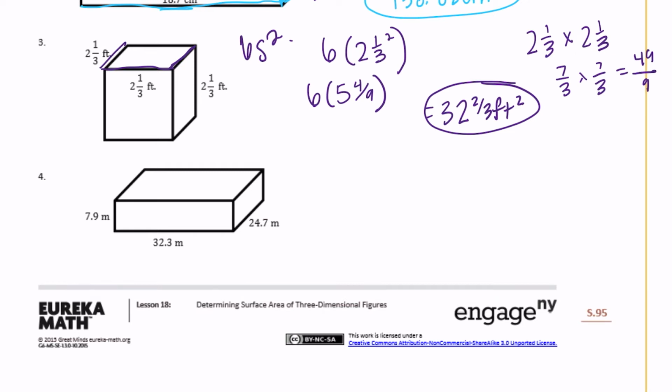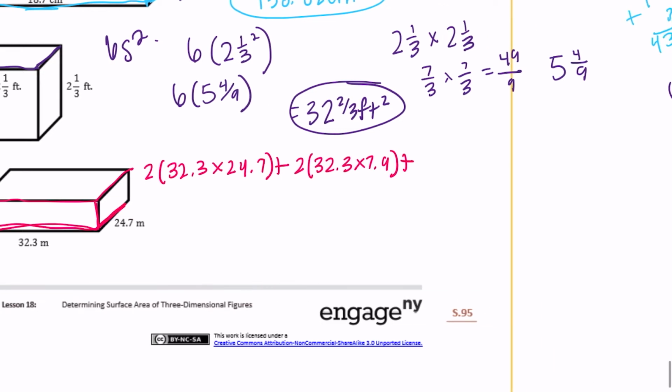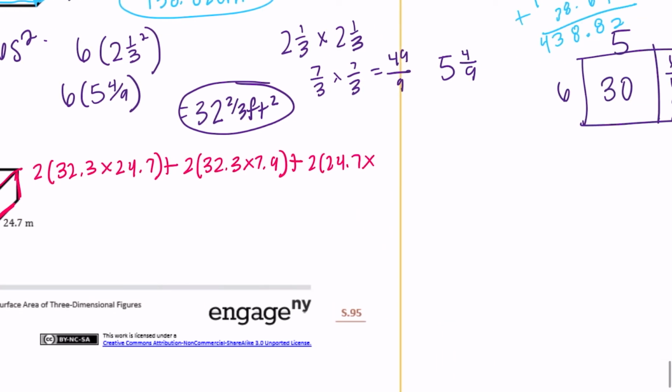More decimals. So two groups of, this is not a cube, so we're going to have to go back to the long formula. Let's do the top and bottom bases. So top is 32 and 3/10 times the width, 24 and 7/10, plus, let's do the front face and back face, 32 and 3/10 times 7 and 9/10, plus, then the sides are 24 and 7/10 times the height, 7 and 9/10.